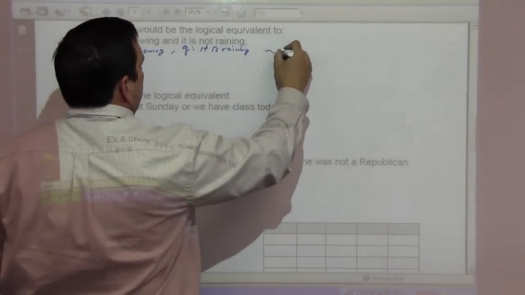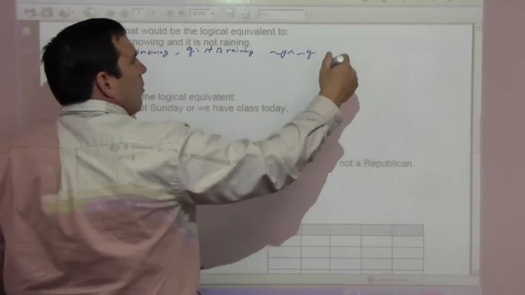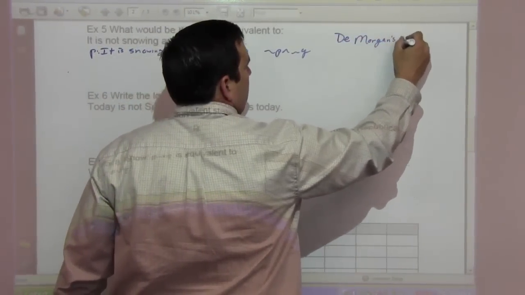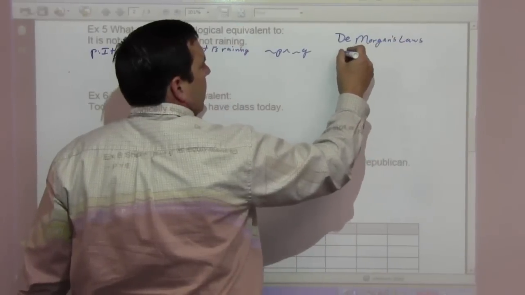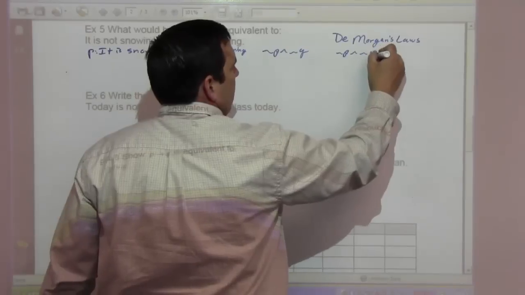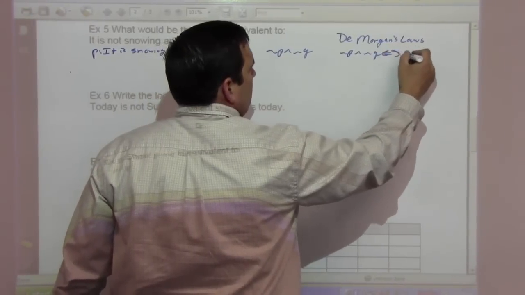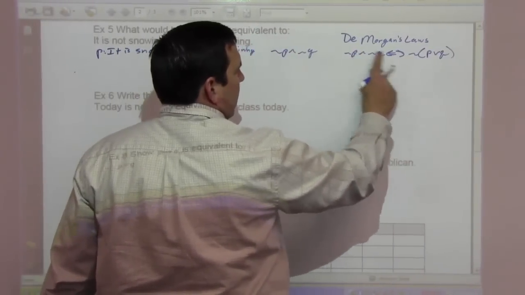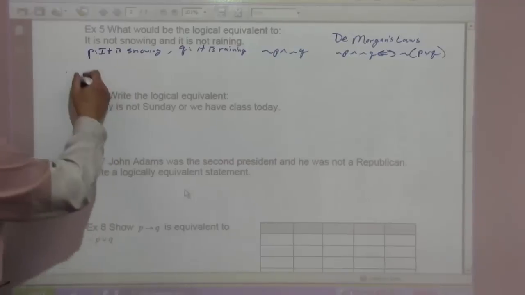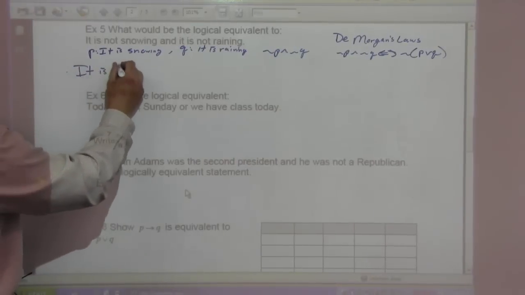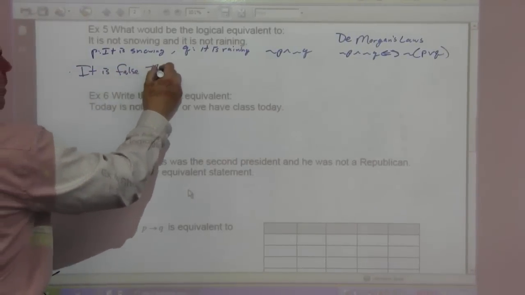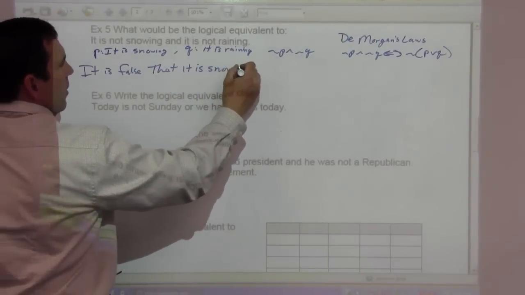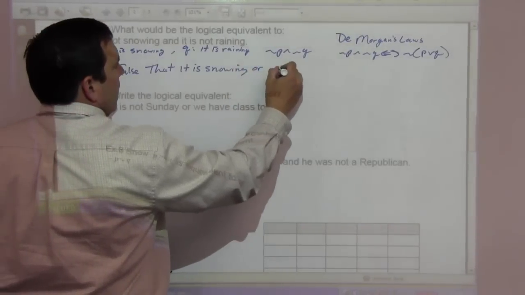What we see here, not P and not Q. Well, by De Morgan's laws, not P and not Q is equivalent to the negation of P or Q. So the negation goes out front, the and becomes an or. So we'd say it is false that it is snowing or raining.